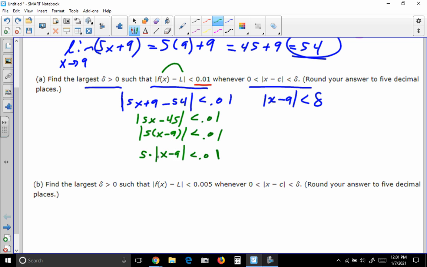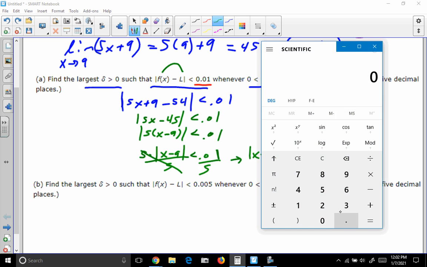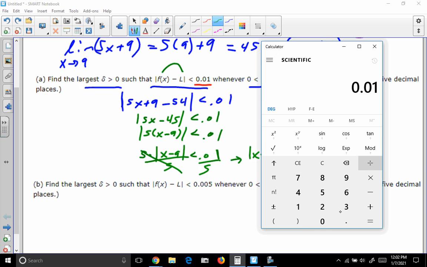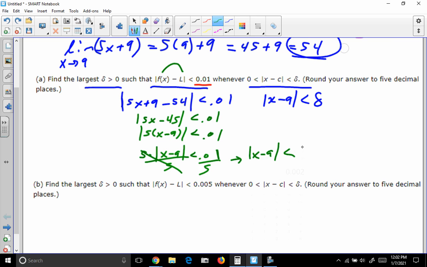So let's get the absolute value of x minus 9 by itself, so divide both sides by 5. This simplifies to the absolute value of x minus 9 is less than whatever we get when we do 0.01 divided by 5, so 0.002.